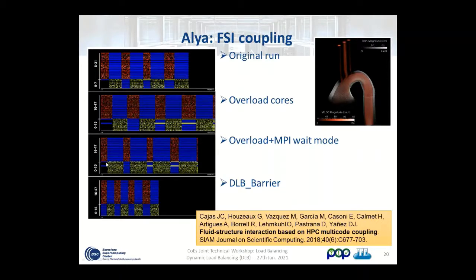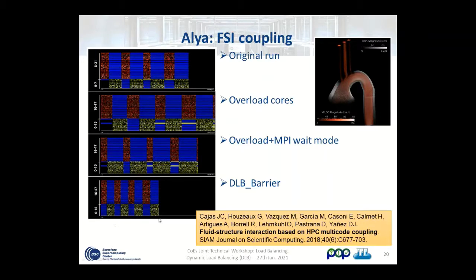What happens here is that in some parts of the execution inside one of the physics, there's a high number of point-to-point communications. And these communications need to be very fast. So it was adding overhead to use this kind of MPI wait mode in this part of the code.